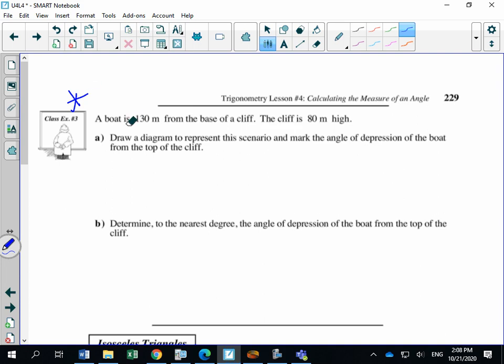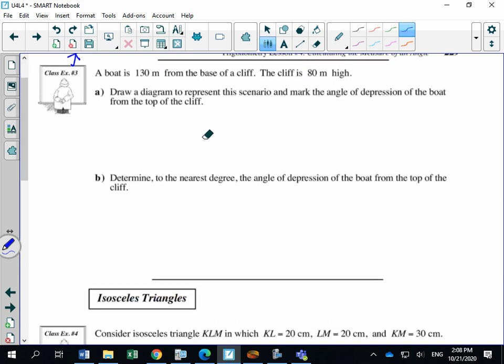A boat is 130 meters from the base of a cliff. The cliff is 80 meters high. Okay, so let's draw like this. Here's our boat here. So this is our cliff, and this is the boat.